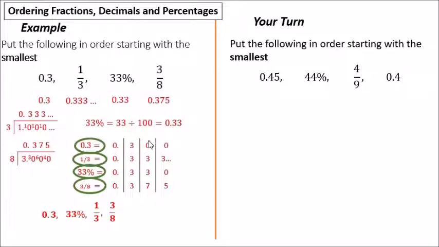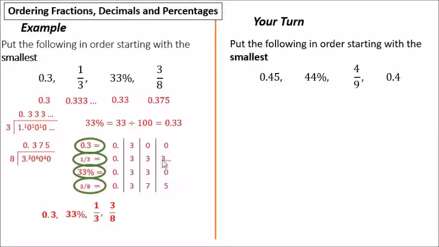But in the hundredths place value, here we have 0 hundredths, these two have 3 hundredths, and this has 7 hundredths. So we know that this one here, the 0 hundredths, is smallest, so 0.3 is going to be our smallest number. Then we have the two numbers that have 3 hundredths.